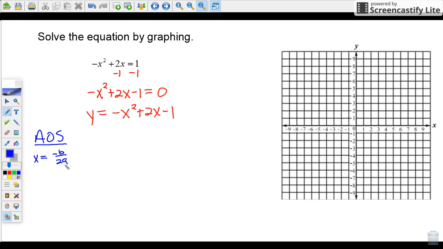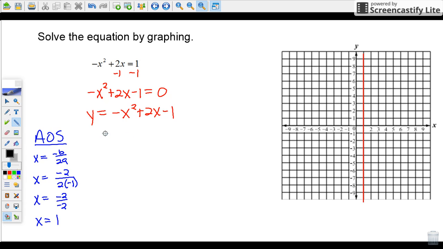Negative b over 2a. Negative b is negative 2 over 2 times negative 1. So we get negative 2 over negative 2, so we get an x-coordinate of 1. Our axis of symmetry then is going to be at positive 1.